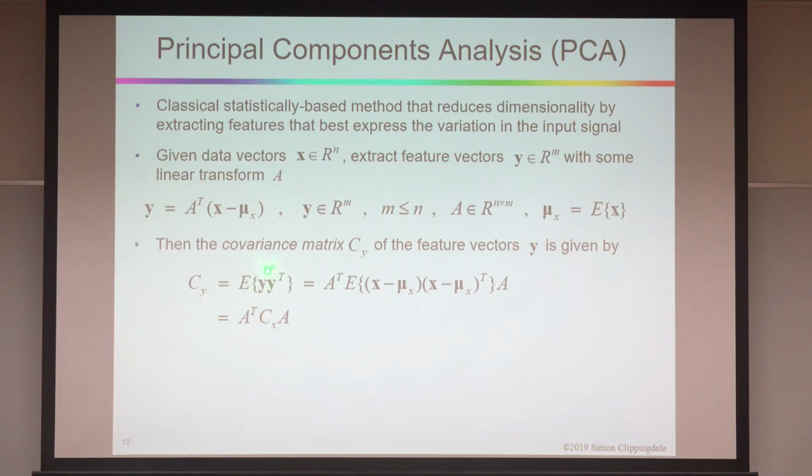So here's our vector y, our feature vector. This is a so-called outer product of y with its transpose, and then you take a statistical average expectation here. So this matrix expresses how much each component of y varies with each other component. And you can express y's covariance matrix in terms of x's covariance matrix, the input signal's covariance matrix, and the transform matrix A, like this. What's the point of doing that?